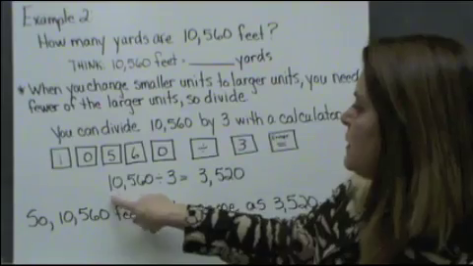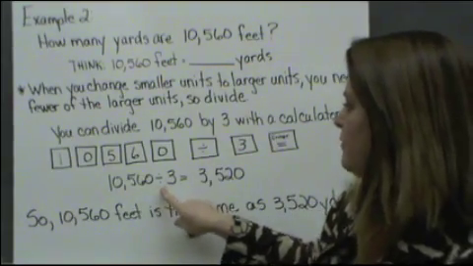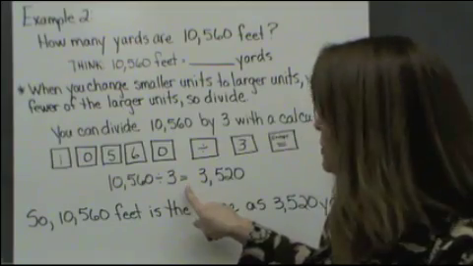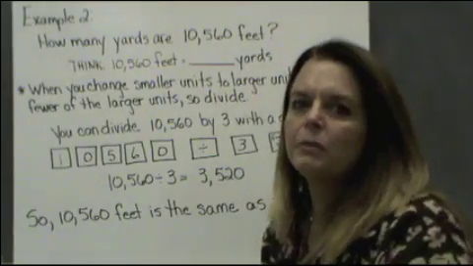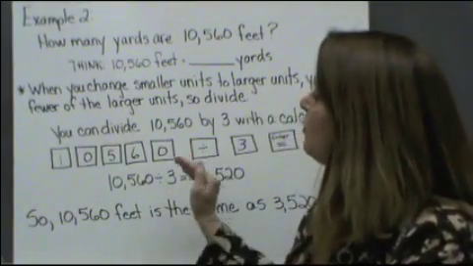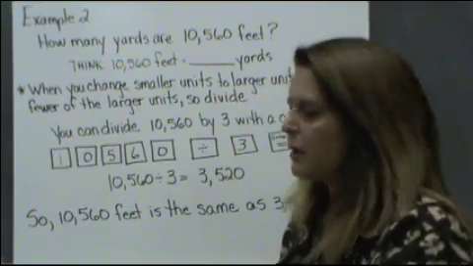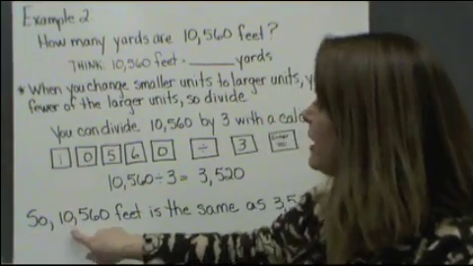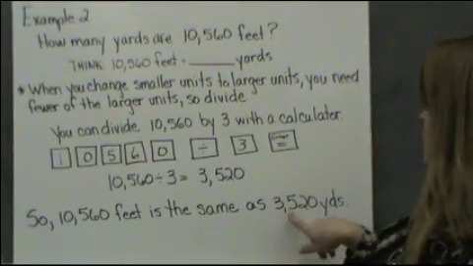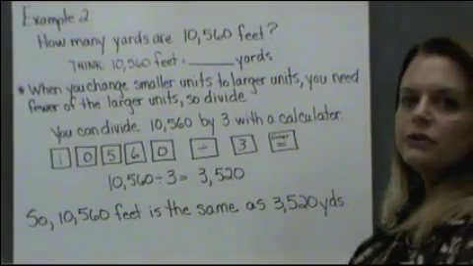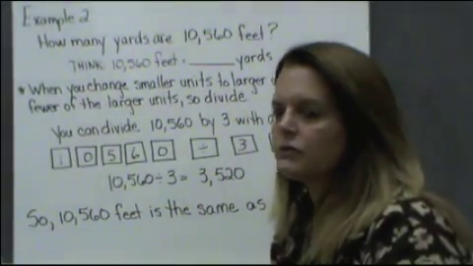So 10,560 divided by 3 equals 3,520. Well, you could do it on paper too, I'm sure. But with this big number, I'll let you use the calculator. So 10,560 feet is the same as 3,520 yards. That's a lot of yards.